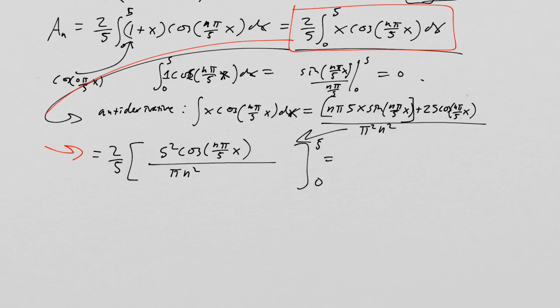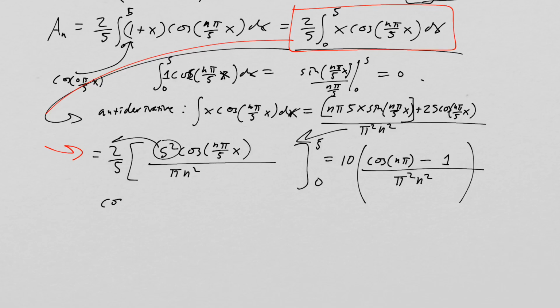First off, that 5 can be pulled out, and we're just going to have a 10. And now we're going to have cosine of n pi minus 1, all over pi squared n squared, like that. So remember that cosine of n pi equals (-1) to the n power.